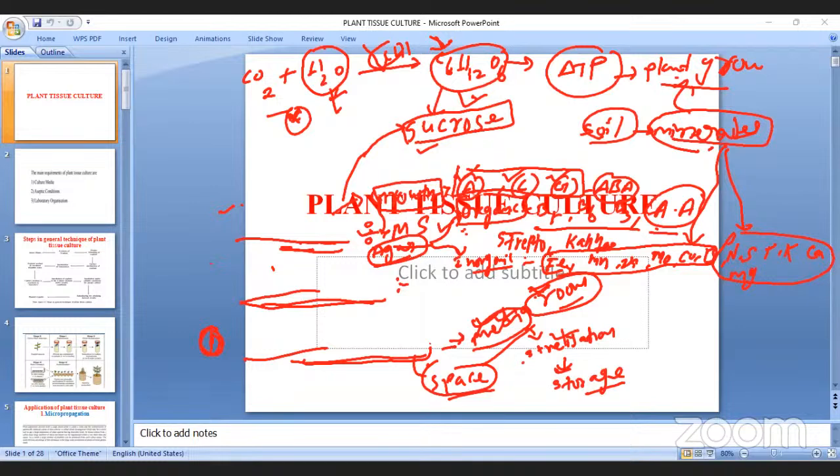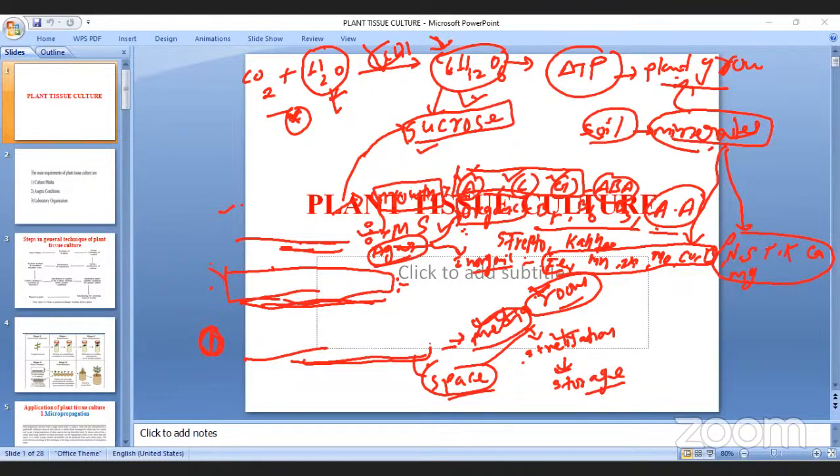Measures to be taken for maintaining aseptic condition during tissue culture. First of all, sterilization of the culture vessels using detergent and autoclave. Let me draw here. What are the requirements in sterilization?